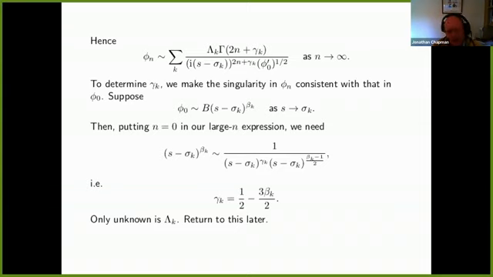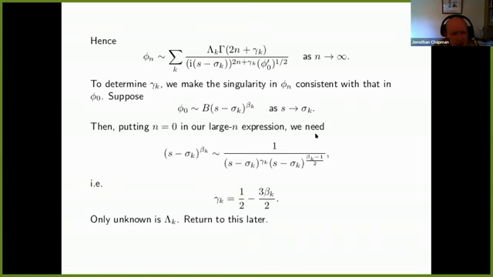I'm not claiming that this is a sensible approximation to phi when n is 0. What I'm claiming is that because the order of the singularity is going up by 2 every time, in order to have the right order of the pole for large n, I have to make sure that I have the right order when I put n as 0 in here.